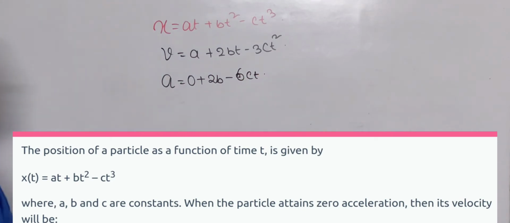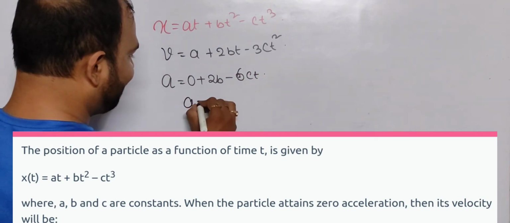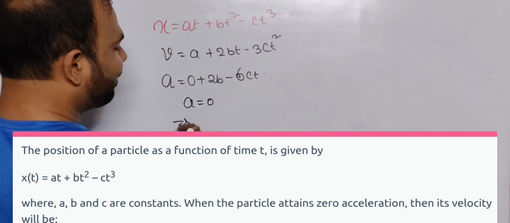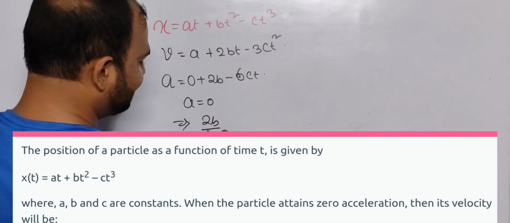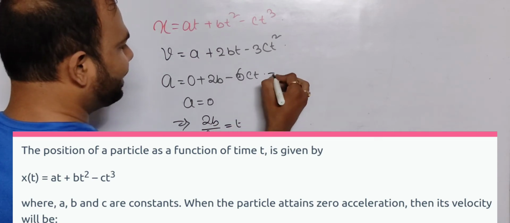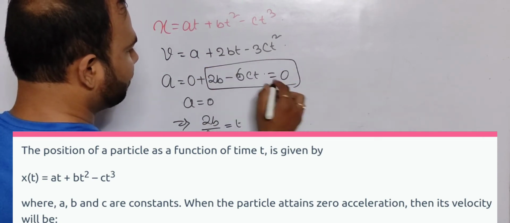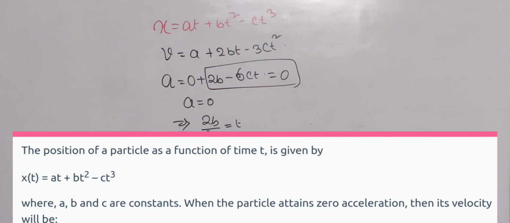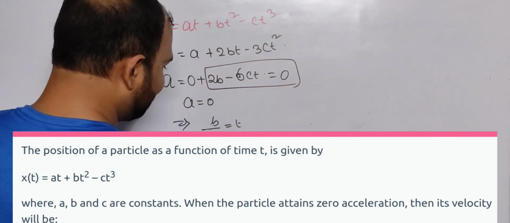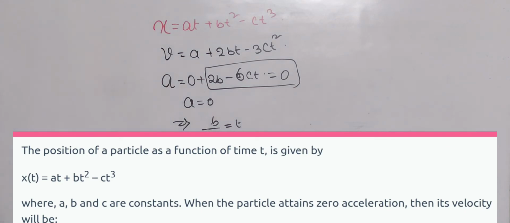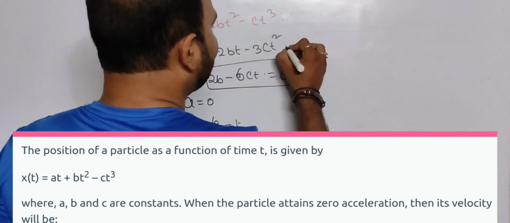If acceleration is 0, we will get the value of t, that is 2b by 6c equal to t. If this portion is equal to 0, simply we can calculate. So b by 3c is the time. We have to find the velocity at this time. We can calculate.